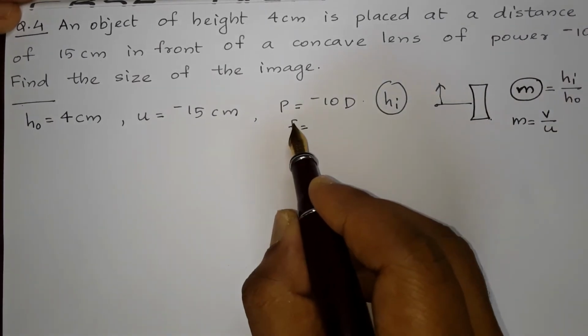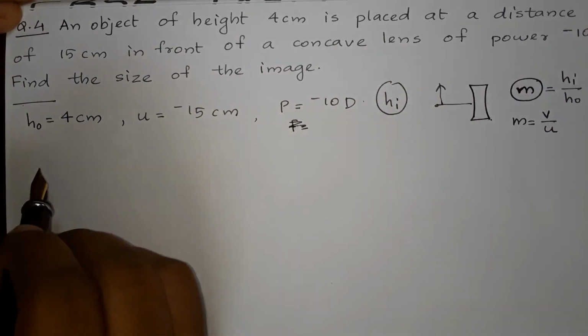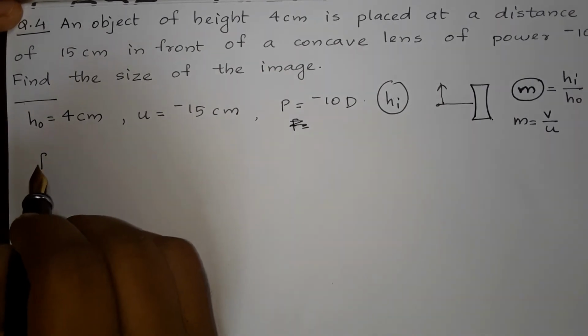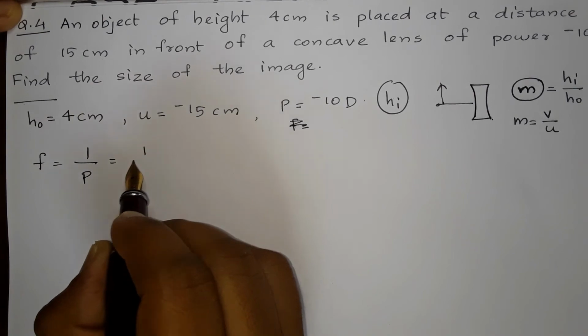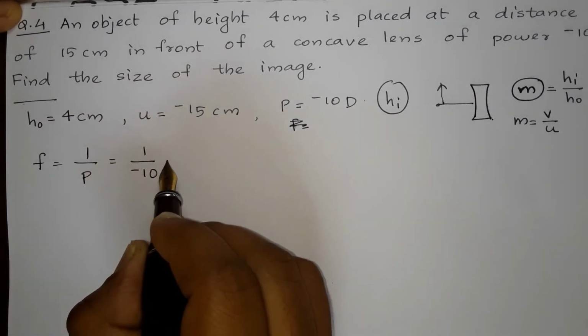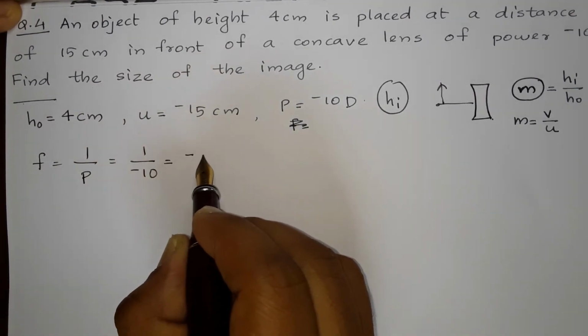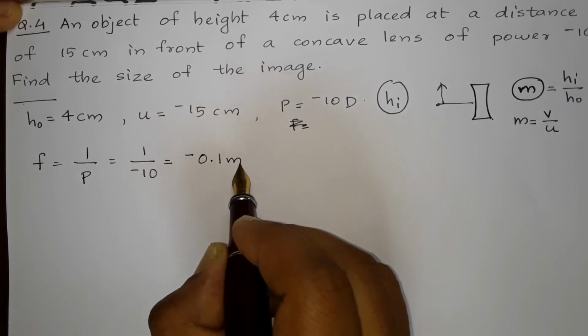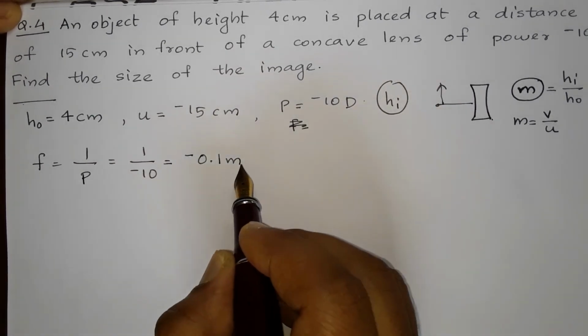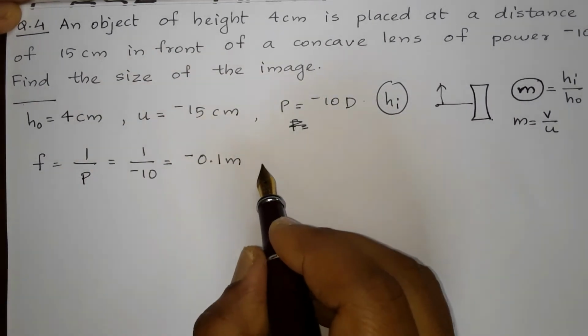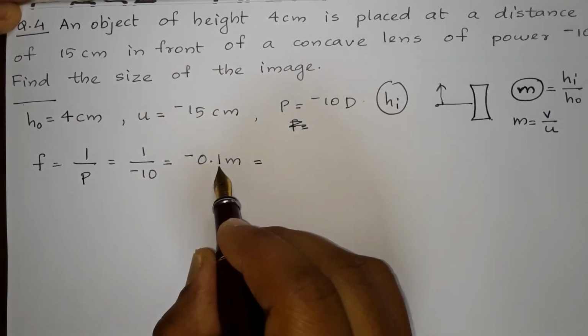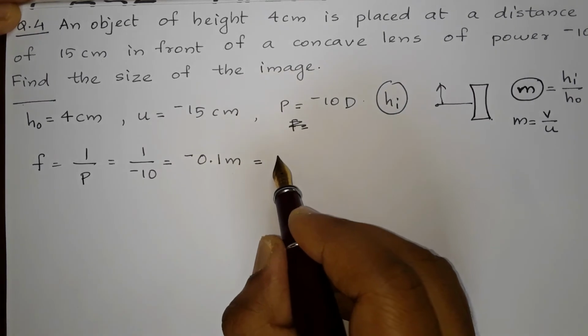So actually P is minus 10 means F is 1 by P, that is equal to 1 by minus 10, that is minus 0.1 meter. Meter is to be converted to centimeter because all these measures are given in centimeters. So multiplied by 100, what we will get?